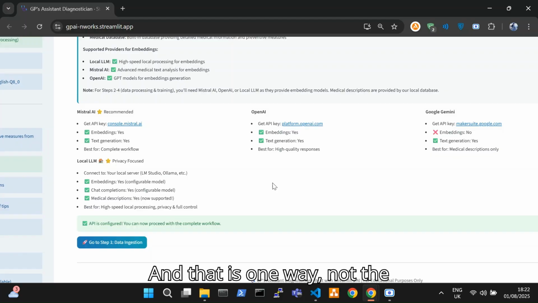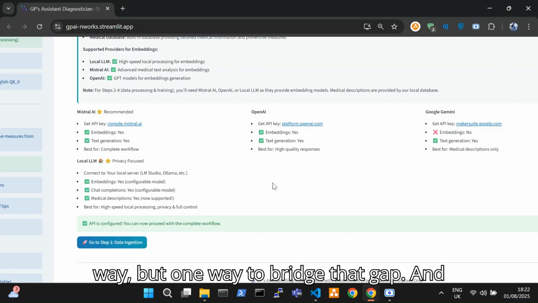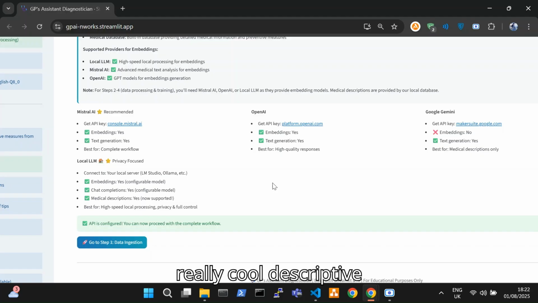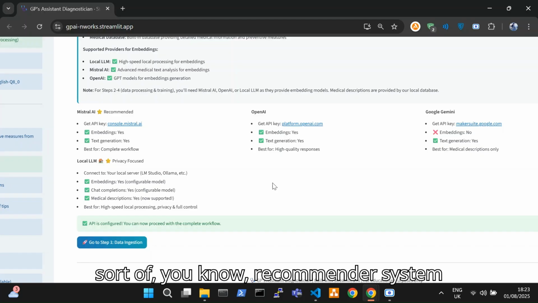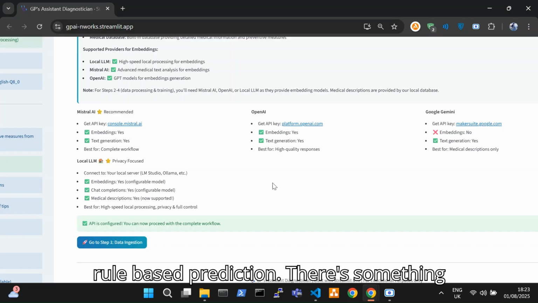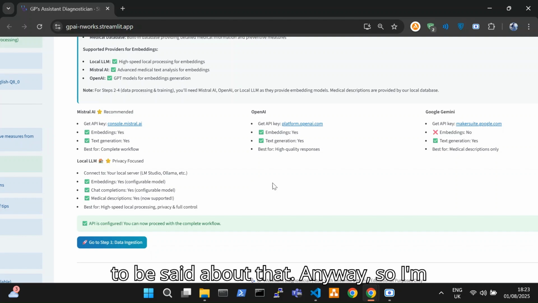That is one way, not the way, but one way to bridge that gap. And when you bridge that gap, what you get is quite powerful: a really cool descriptive data processor and recommender system, and the power of static rule-based prediction. There's something to be said about that.